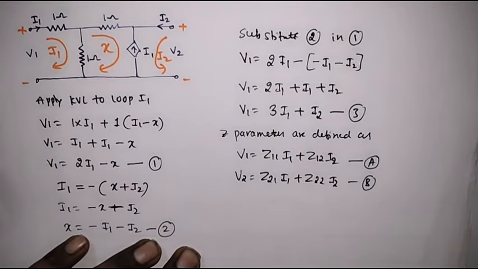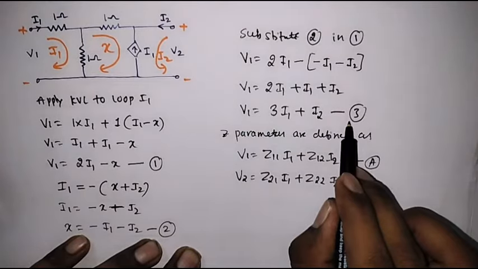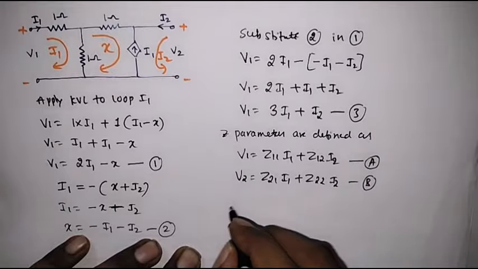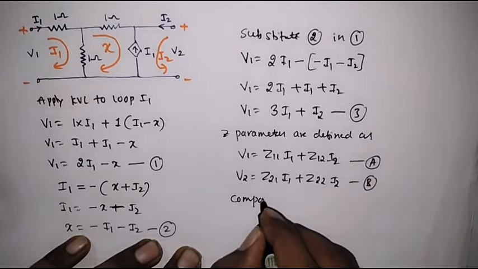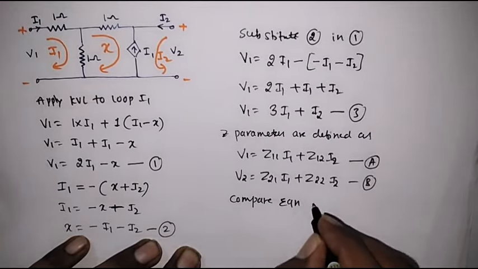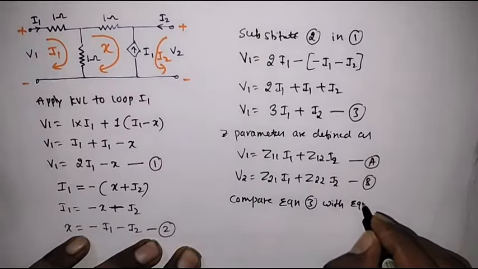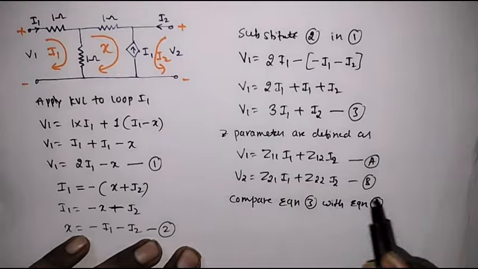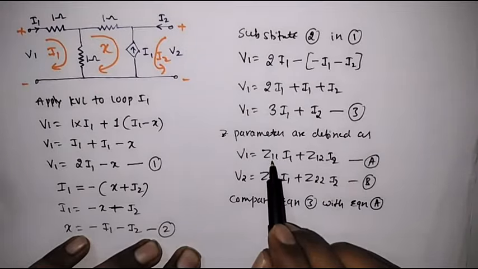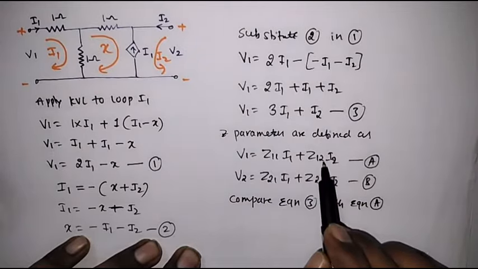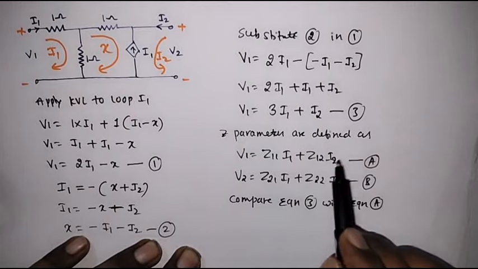Now comparing equation 3 with equation A, I can write Z11 is equal to 3 and Z12 is equal to 1. That is, the coefficient of I2 is Z12.